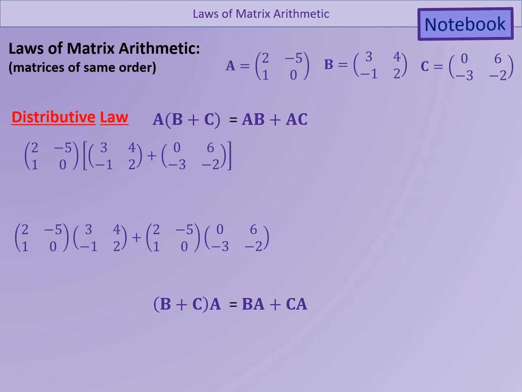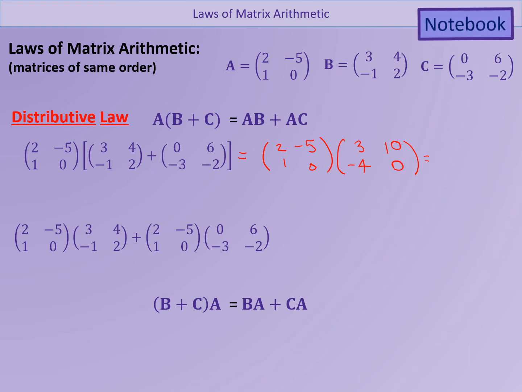So our first step is to work out what is inside of that square bracket. So I'm going to rewrite the first matrix, and then let's work out what should be inside that second matrix. So 3 plus nothing is 3, 4 plus 6 is 10, minus 1 plus minus 3 is minus 4, and 2 plus minus 2 is 0.